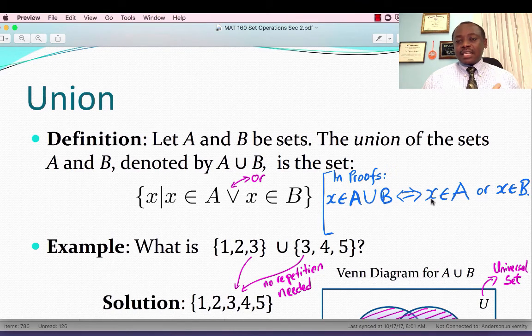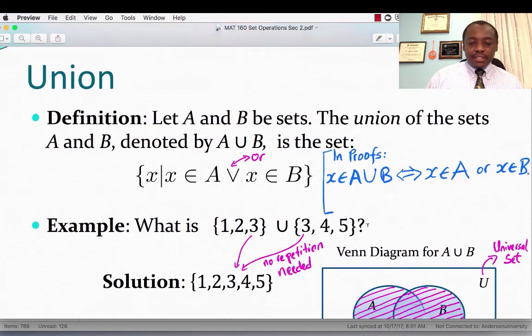It means X is an element of A or X is an element of B. Okay, now this is an if and only if, which means if I say that X is an element of A or X is an element in B, that means X is an element in A union B. And if I say that X is an element of A union B, it would mean that X is an element of A or X is an element of B. Okay, so it's an if and only if. I can go both directions. Master this. We would use this a lot in proofs.